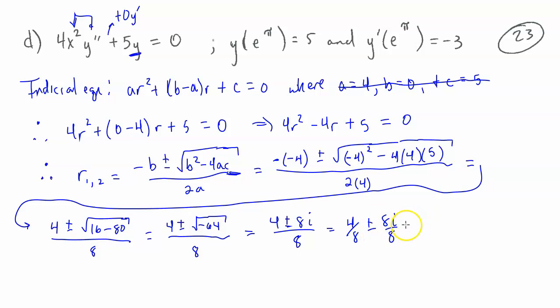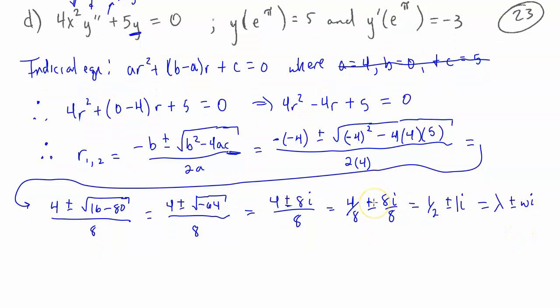And of course, we can split this up into real and imaginary part. And this will just end up being, hold on a second. So this will end up being 1/2 plus or minus i, or 1i to be more specific, which we will let be lambda plus or minus omega i. So therefore, lambda is equal to 1/2 and omega is equal to 1.